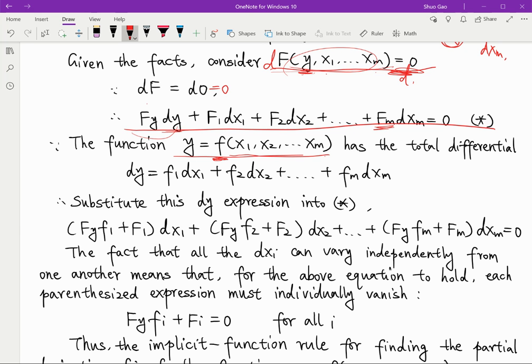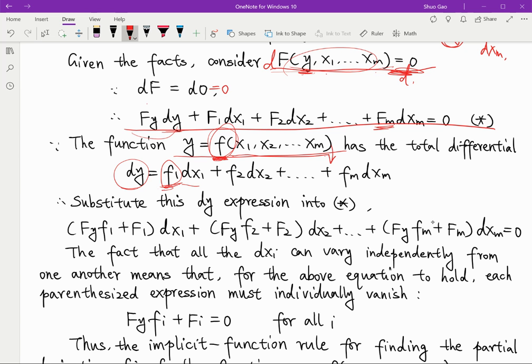If we write the differential of this function, it should be dy, the total differential of y, equals f1 dx1. So here, this is a small f1. That means the partial derivative of the small f, the explicit function that we don't know, right? We don't know the explicit function form, but we can assume there is an explicit function form.